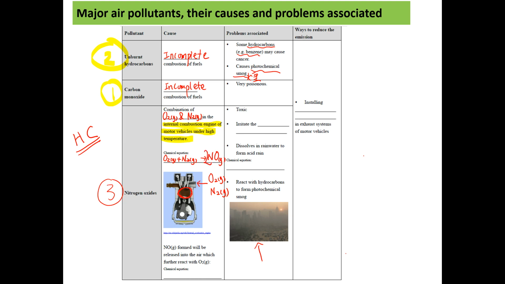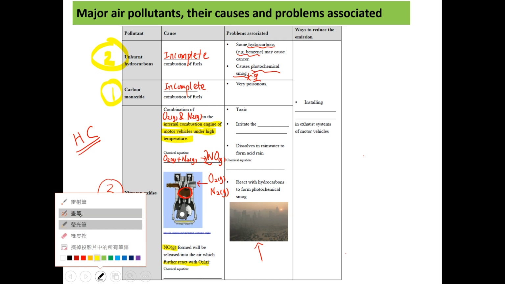So 2 nitrogen monoxide, NO. Nitrogen monoxide, okay, is colorless. So this colorless gas, very important. Can you follow me? So nitrogen monoxide will further react with oxygen in the air.